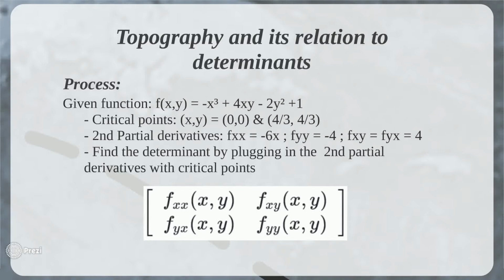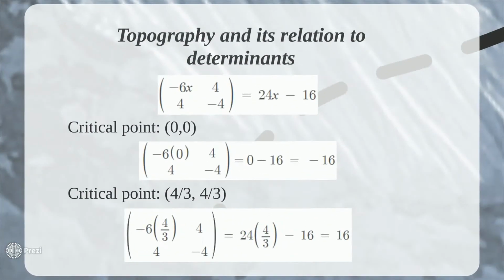We must then find the determinant by plugging in the second partial derivatives with the critical points. Up top, we see that the general matrix for the second partial derivatives gives us negative 6x, 4, 4, and negative 4. Finding the determinant of that matrix gives us 24x minus 16.